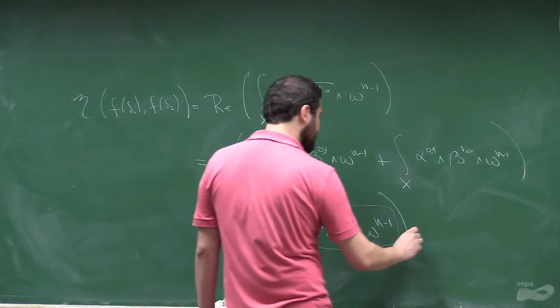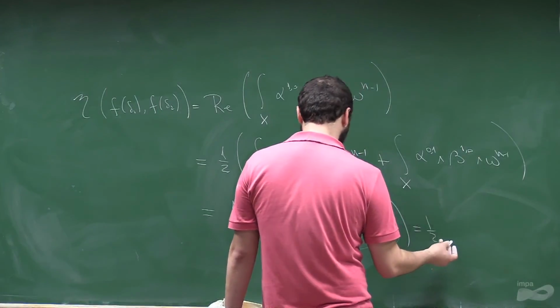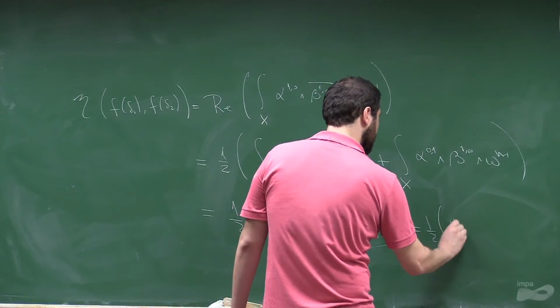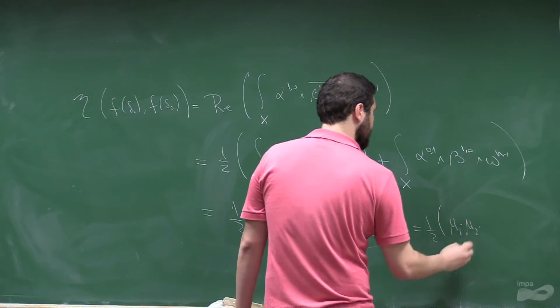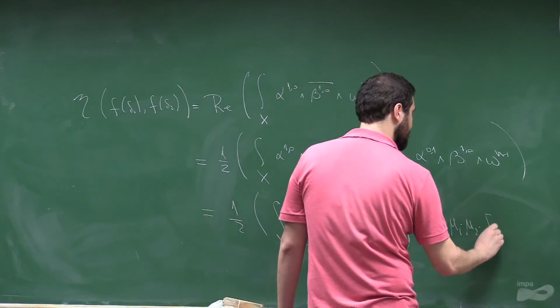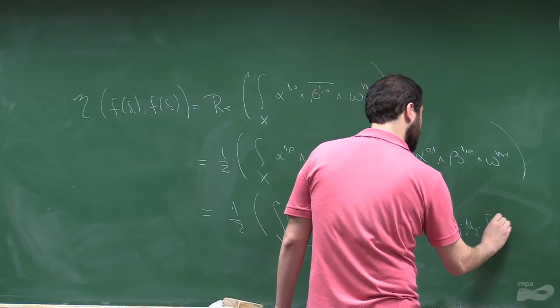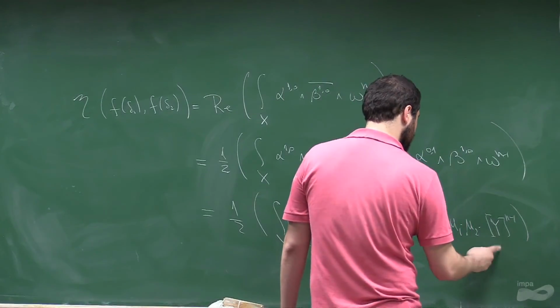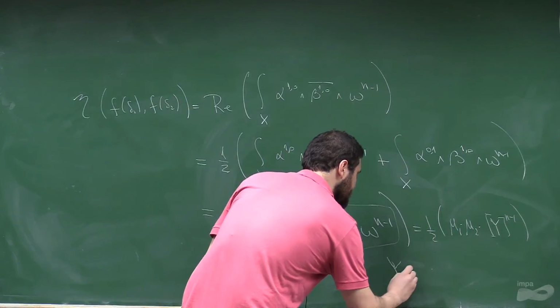I mean, you can see this as 1/2 of the intersection product of mu1 times mu2 times, let's say, y to the n minus 1, where this y is the hyperplane section.